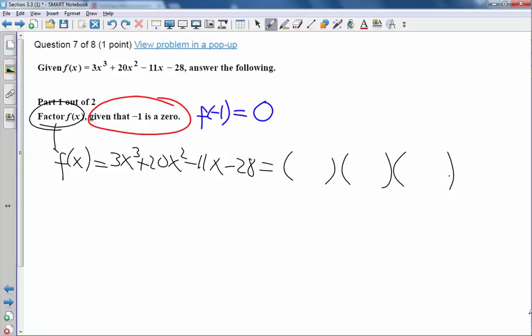How do I know how many parentheses I'm going to get? Because of this. You can get as many as this number, 3 parentheses, but it can be less, but not more than 3 for sure, not 4. Because if you have 4 factors with x's, when I FOIL these, multiply, I will get x to the 4th.